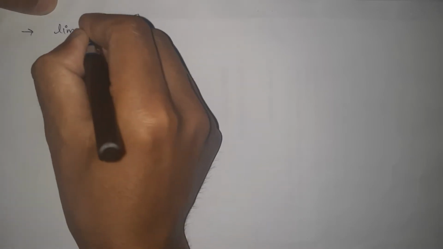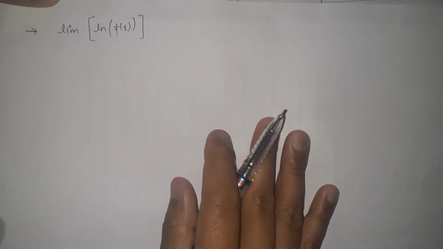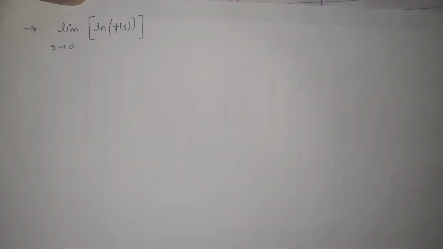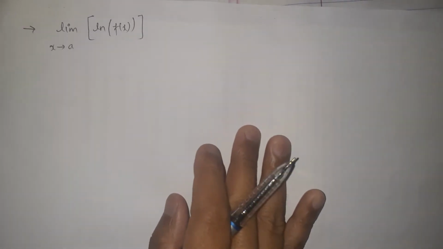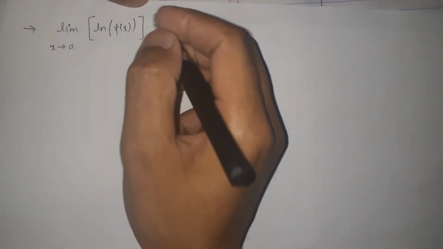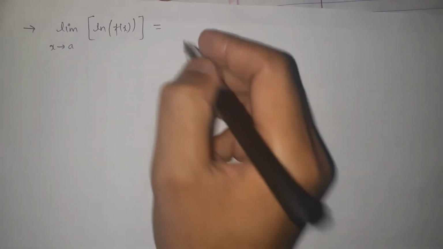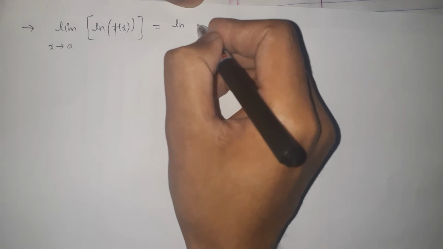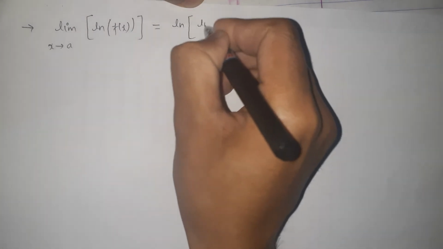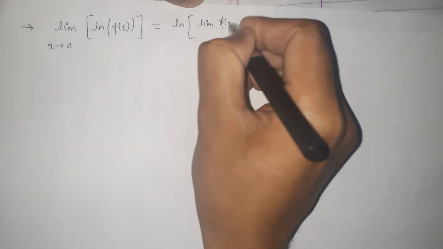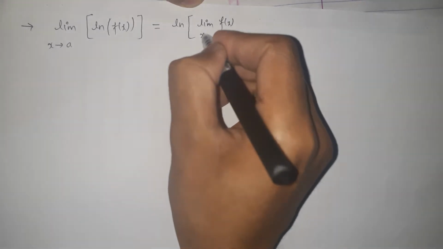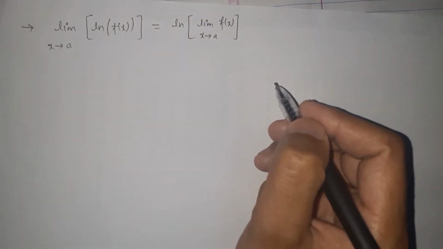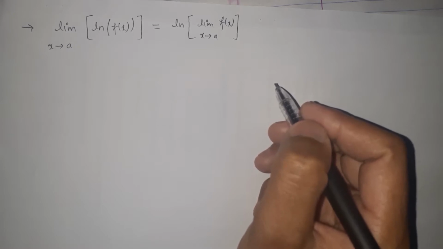Here the limit of the logarithm function ln f of x when x approaches a point a is equal to, we already discussed this property, a very important property, ln, meaning natural logarithm, of the limit of the function f of x when x approaches the point. This is a very important property in the calculations of the limit.